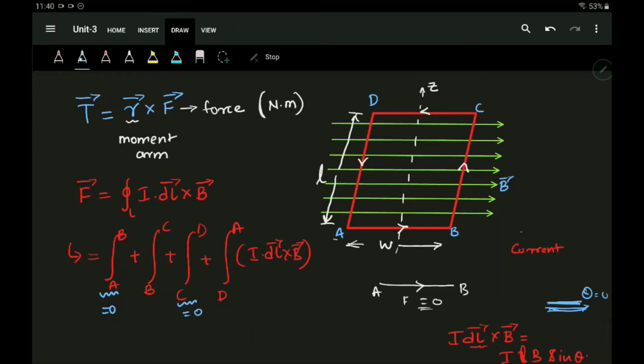I'll call it F naught. And the force experienced by my D to A path with respect to the right hand rule can be written as upward, or okay, I'll correct it.